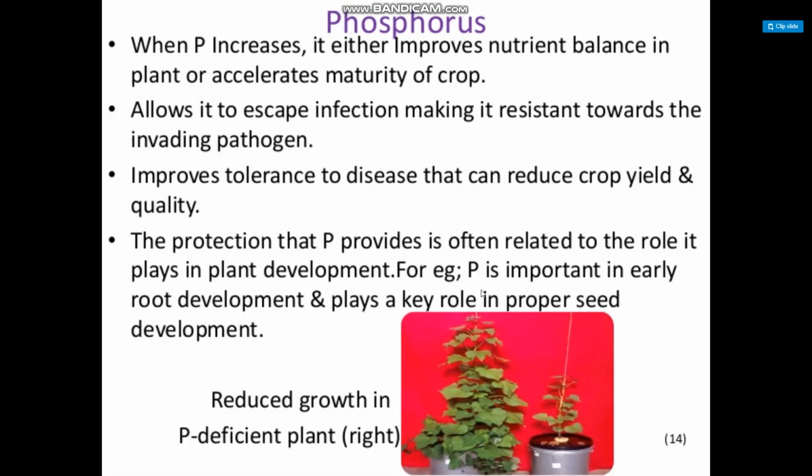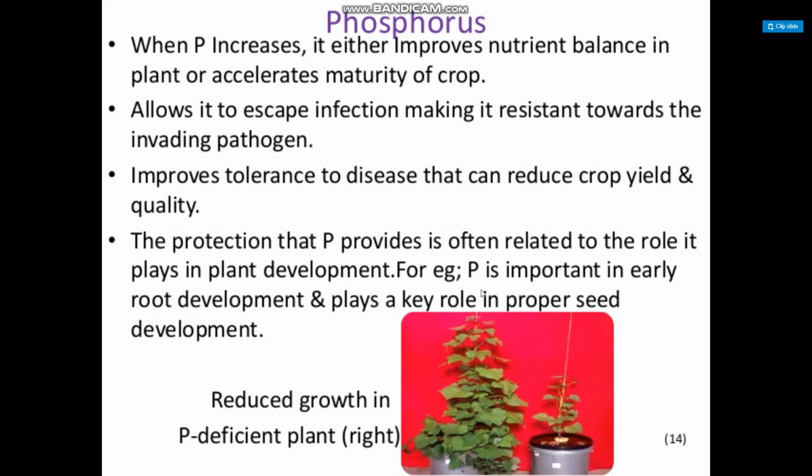The second nutrient is phosphorus. When phosphorus increases, it either improves nutrient balance in the plant or accelerates maturity of crops, allowing them to escape infection, making them resistant towards the invading pathogen. It also improves tolerance to diseases that can reduce crop yield and quality.